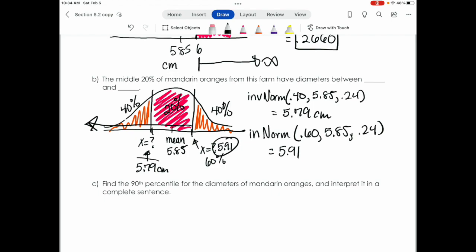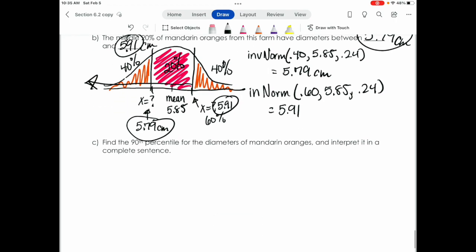So this value right here for x is 5.91. So the middle 20% of mandarin oranges, the ones whose diameter is in the middle 20%, is going to lie between 5.79 centimeters and 5.91 centimeters.